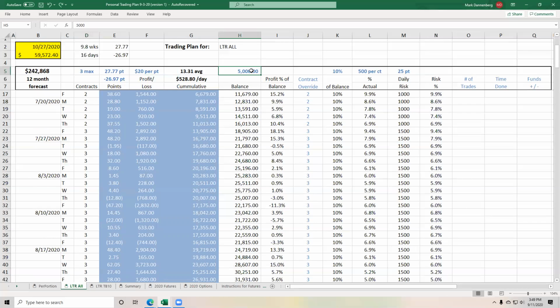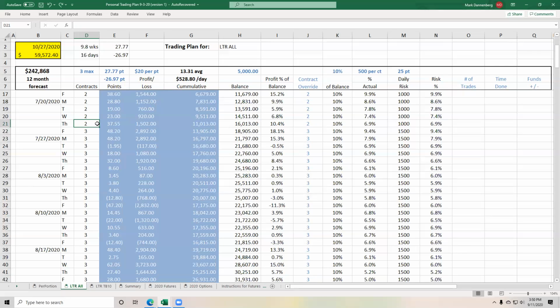We started with $5,000, and within the program we're placing a setting that says we will not allocate more than 10% of the balance of the account to contracts. Each contract, when you're trading futures at the broker that we trade at, requires $500.